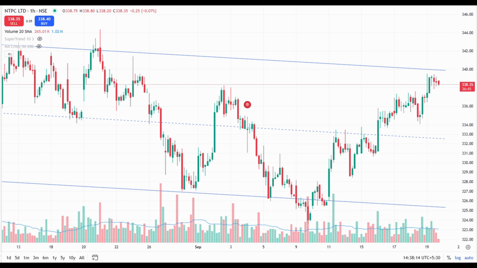And so on the 10th of September, in the morning itself, I took entry at this candle. I took the trade in futures, and the spot was at around 325 and futures was almost at 338. My entry came to be 338.